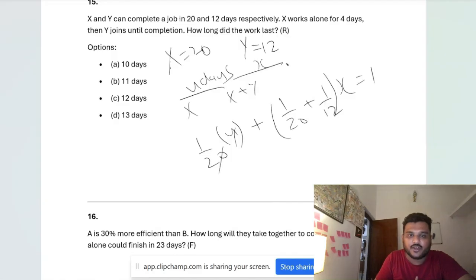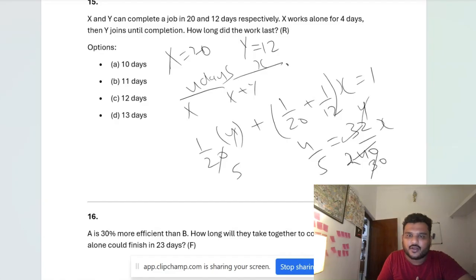So again, as we can see, 1 by 5 goes to the other side, so 4 by 5. I can directly just multiply instead of taking anything common. So this is 8, 16, 24, 32, and 8, 16, 24 is 30.